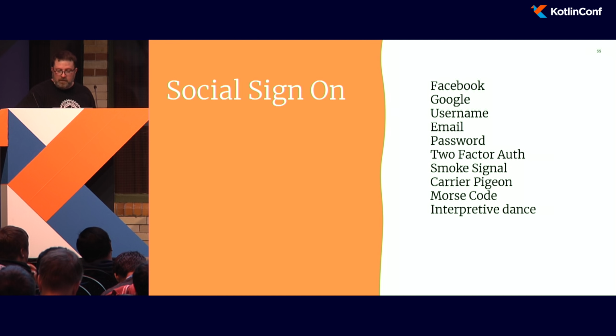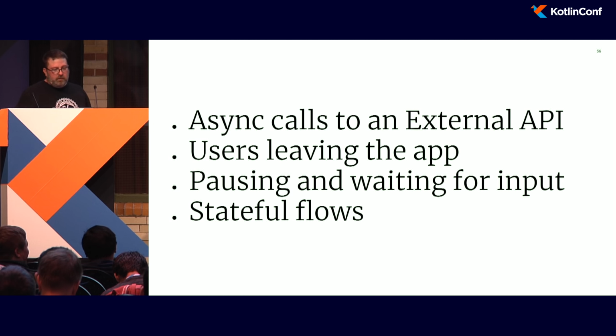Social sign-in is also one of those features that appears deceptively simple on the surface, but as you dig in, you realize there are a lot of steps going on here. You peel away layers, and you discover significant complexity. Social sign-in requires asynchronous calls to an external API, and there are several flows where the user leaves our app to go to another app, say to copy the two-factor code, and then they come back.